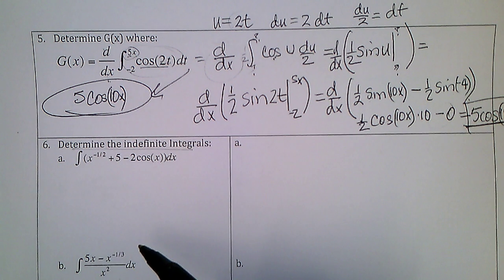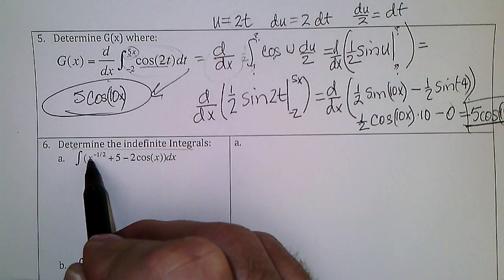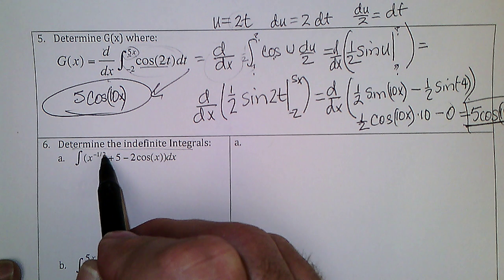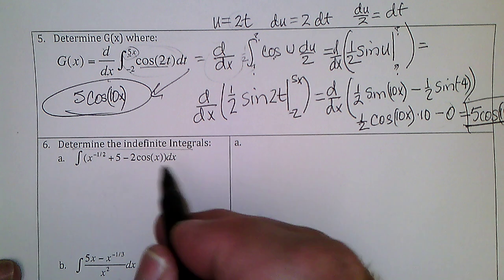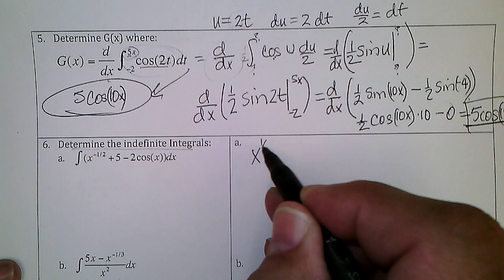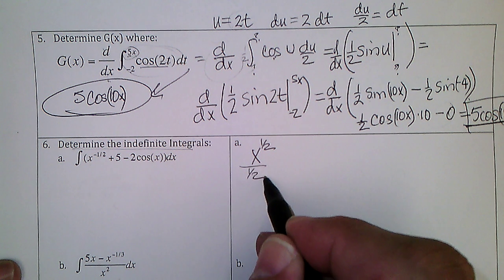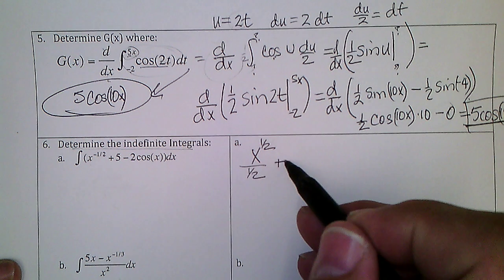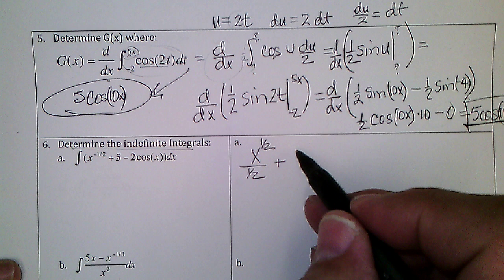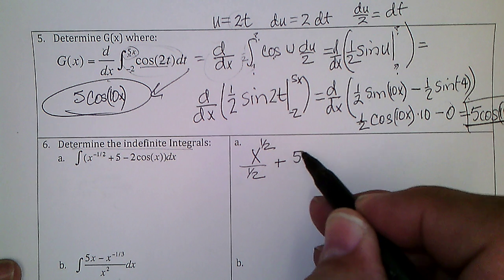Determine the indefinite integrals. So to integrate x to the -1/2, you add 1, which would be 1/2, and then you divide by 1/2, plus, if you integrate 5, the derivative of what is 5, and that'd be 5x.